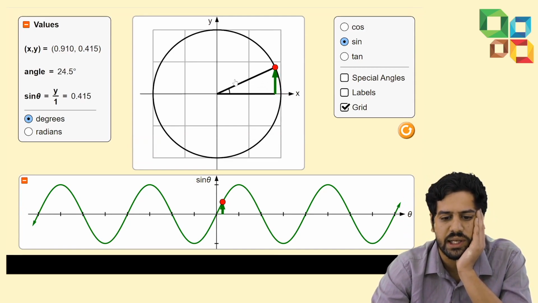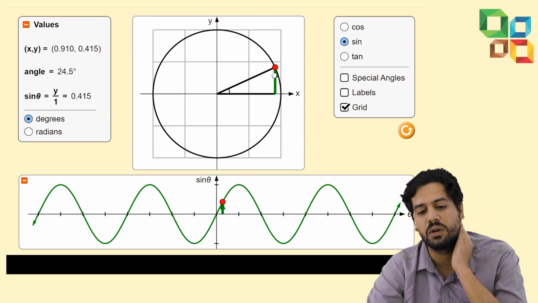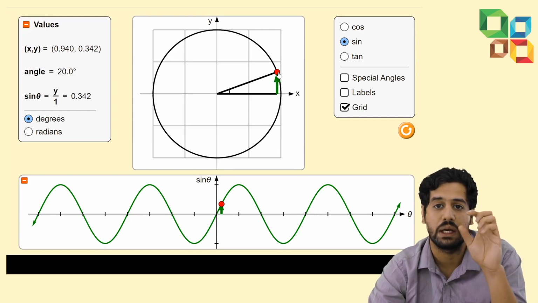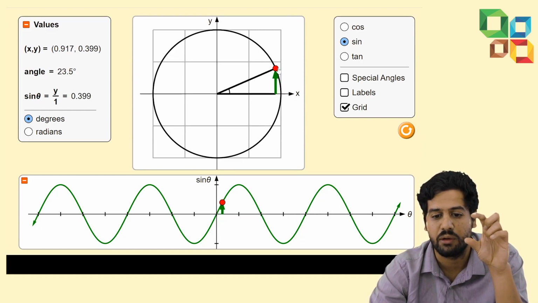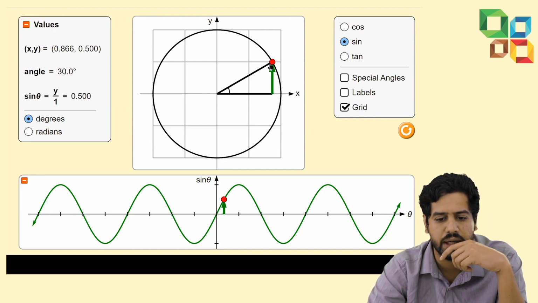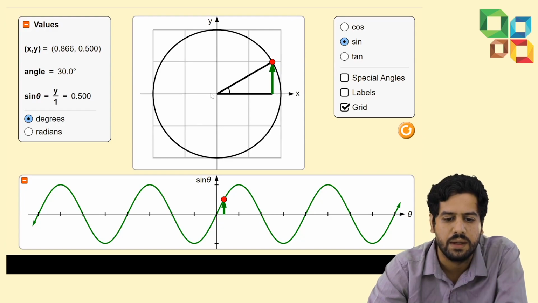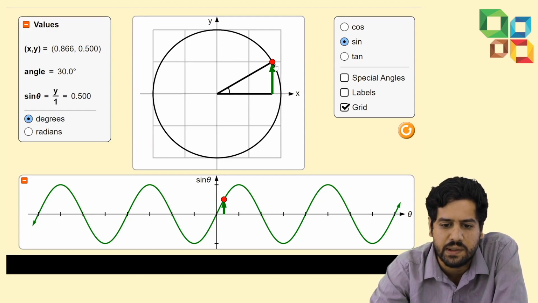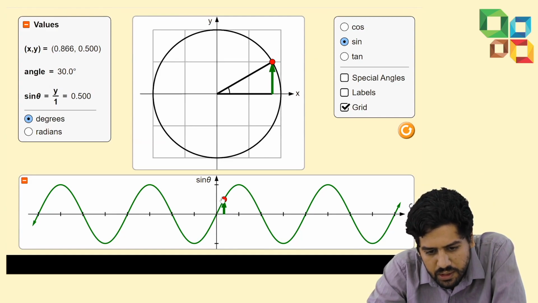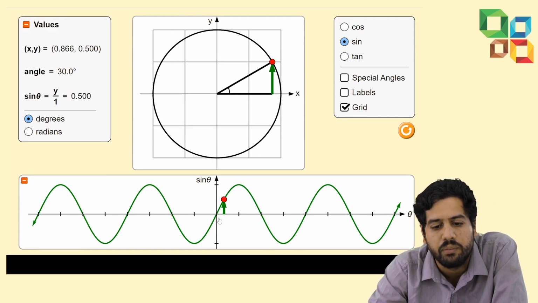Say first I want to find the value of sine 30 degrees. So how can I measure it on the graph? Well, I could take a protractor at 30 degrees and draw a line here on the unit circle. And whatever this height is, that will give me the corresponding y coordinate.